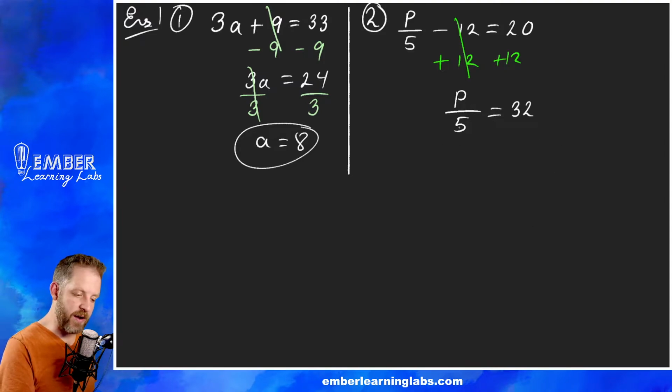How do we get rid of this 5? Well, this 5 is divided into the p. So to get rid of division, we're going to multiply. So we're going to multiply 5 on both sides. Those 5's cancel, leaving us with just p. That's what we're looking for. And that equals 32 times 5, which would be 150 plus 10, so 160.